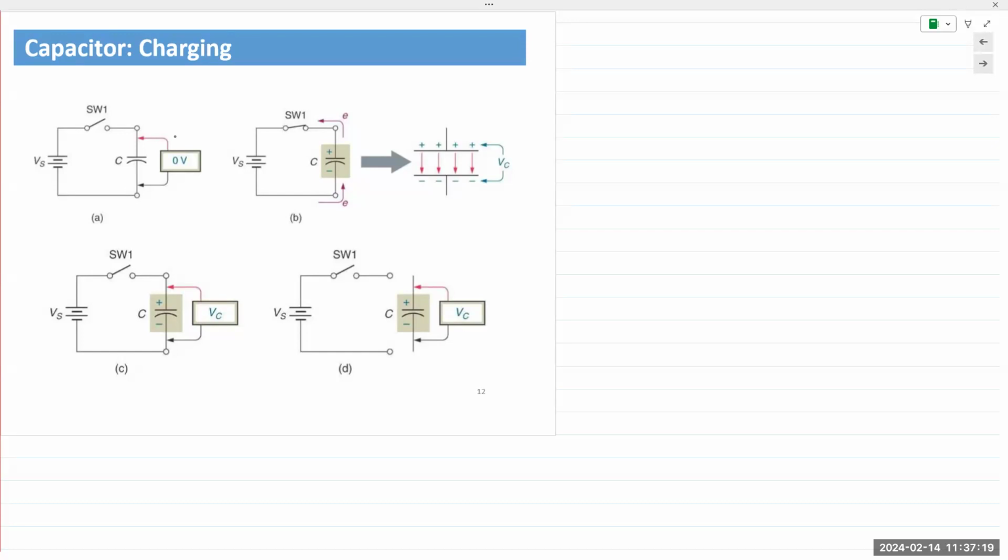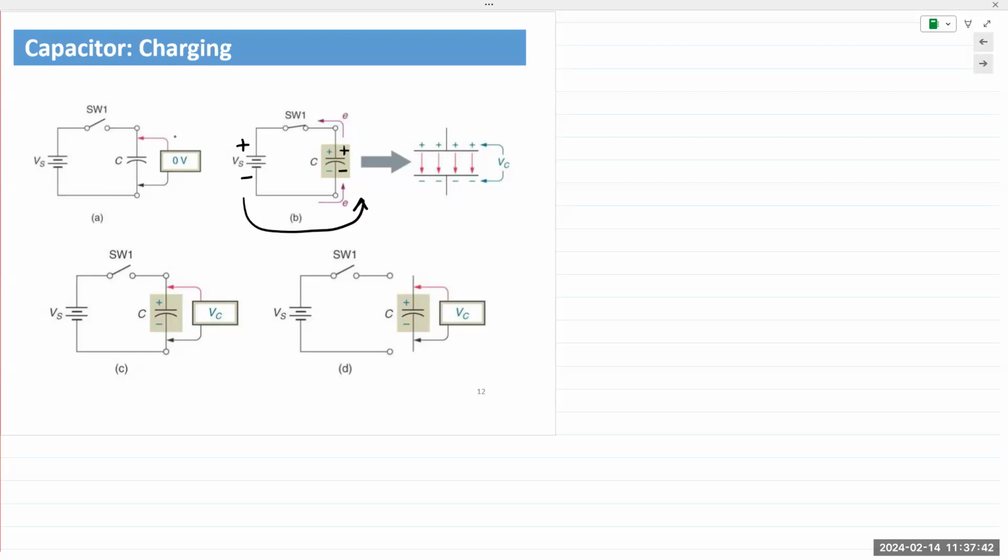At the same time, at the negative end of that voltage source, electrons start flowing in this direction because they are being repelled by the negative end of that voltage source. And so slowly but surely, charges get built up on each end of that parallel plate.